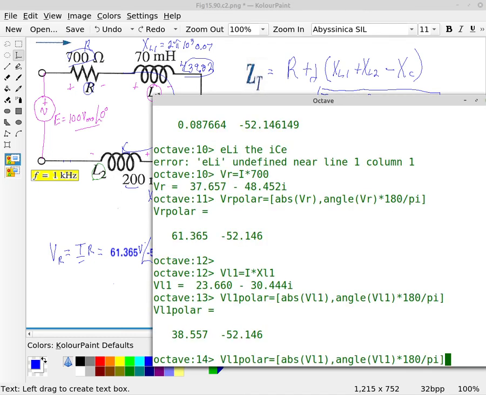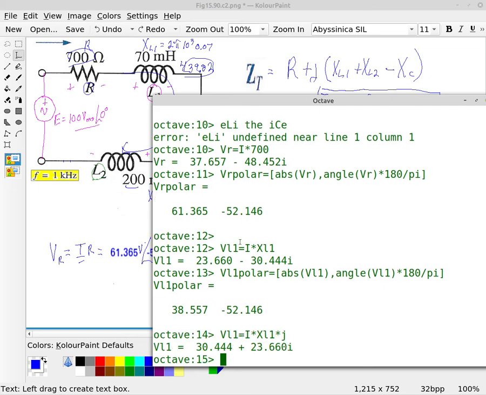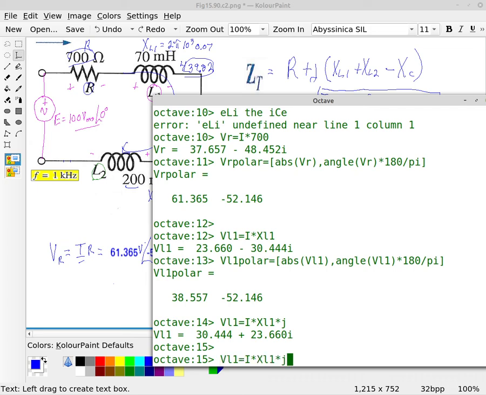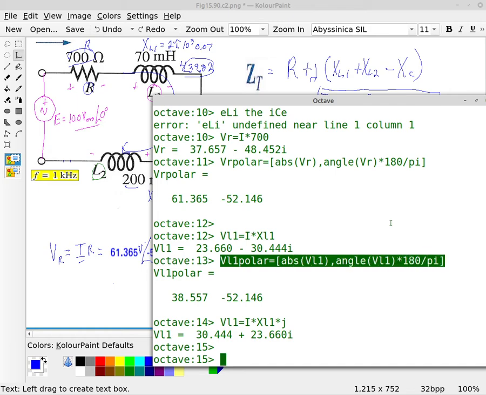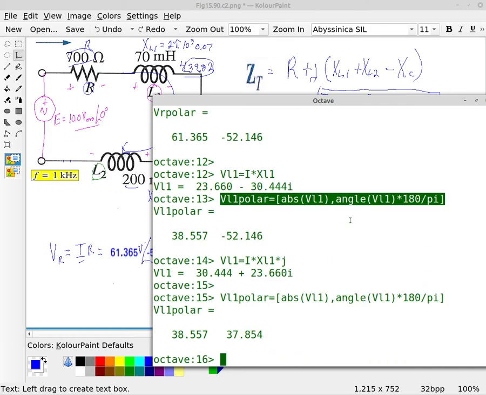Sorry, I need to make sure when you multiply this, that you also multiply it times your phase angle, J. Then we can calculate the polar form.